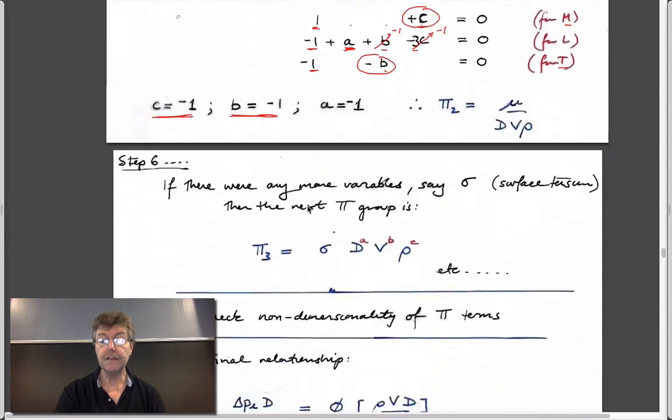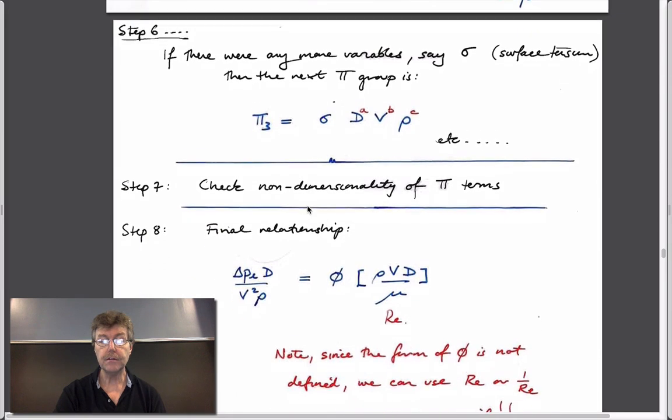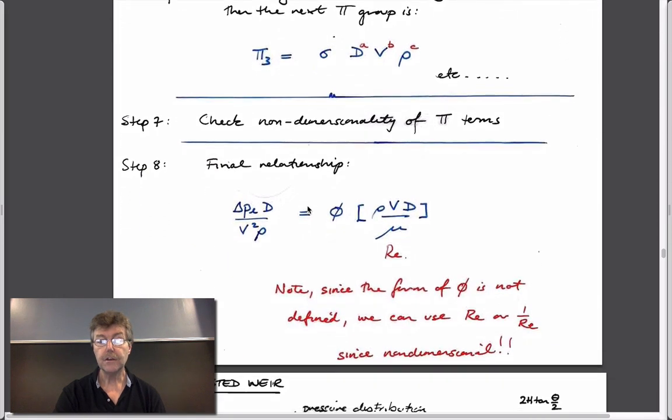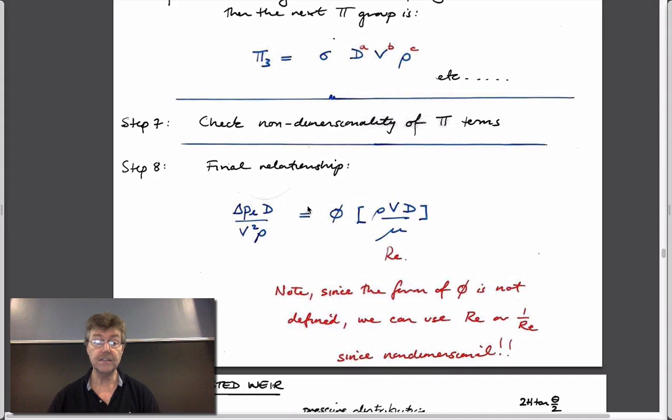And so what comes out of this is that we end up with a final relationship which says something like this. These are the 2 pi groups that we got. The first pi group was this one, and then the second pi group was this one, and this is just a function of, right? So Euler number, modified Euler number, right?